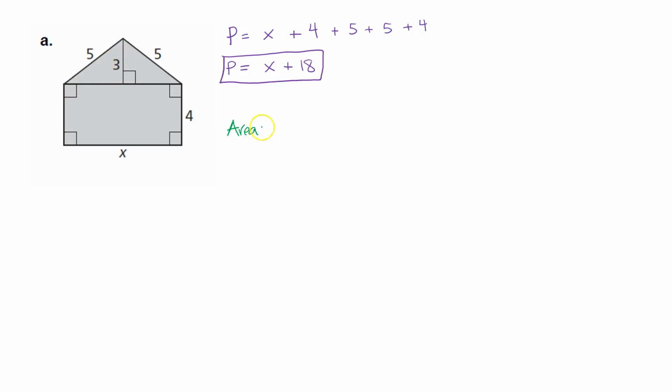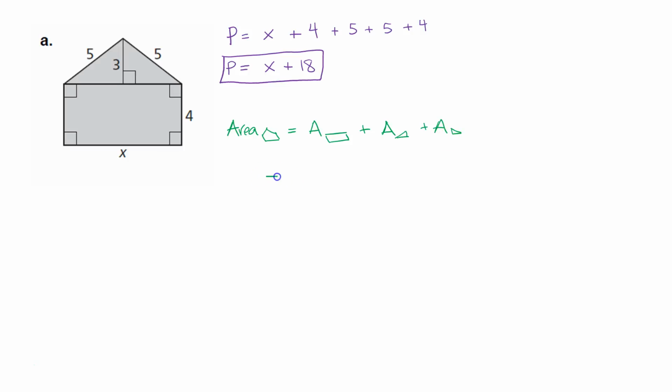So basically what we need to find for the area of the house shape is going to be the area of the rectangle plus the area of the little triangle on the left plus the area of the little triangle on the right.